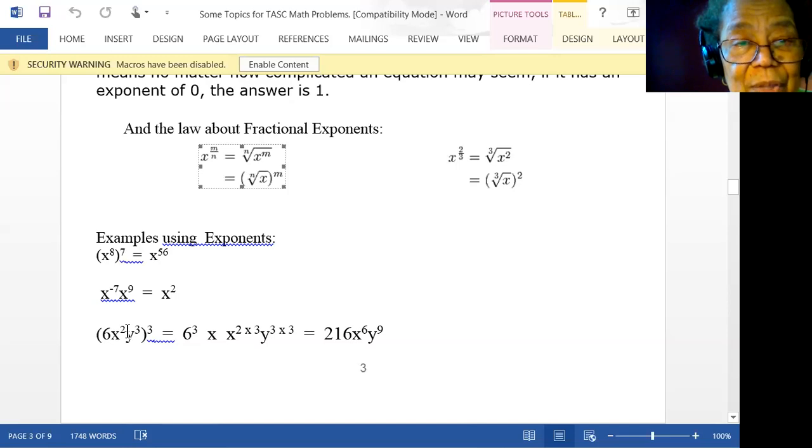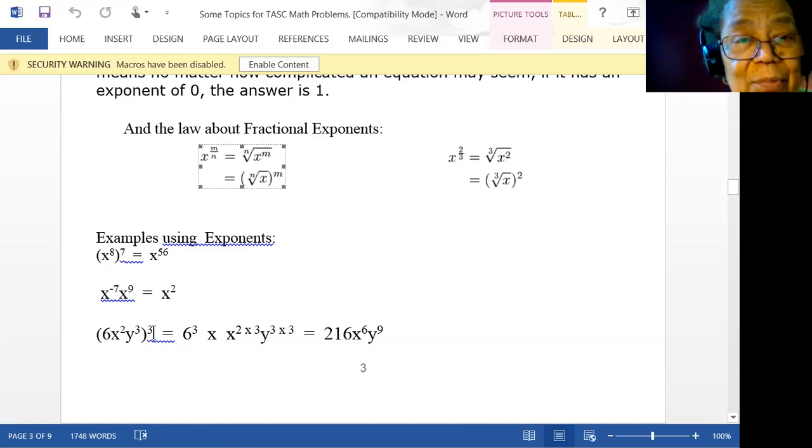Here we have a coefficient of 6 times x squared times y to the 3rd power, and this whole expression is raised to the 3rd power. That means everything within this parenthesis gets raised to that power. So that's 6 to the 3rd times x to the 2nd, y to the 3rd, all raised to the 3rd power.